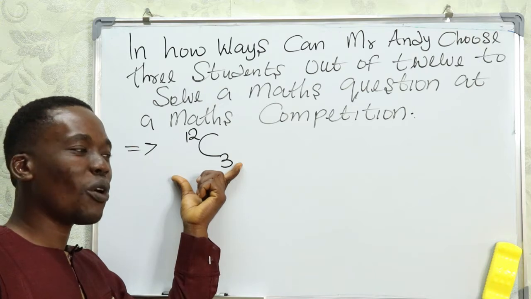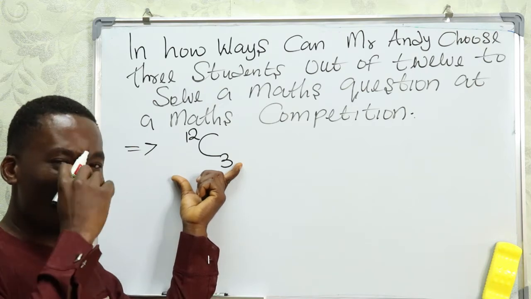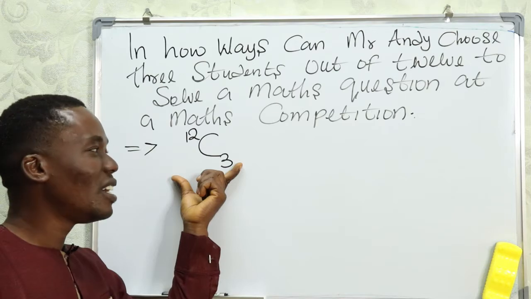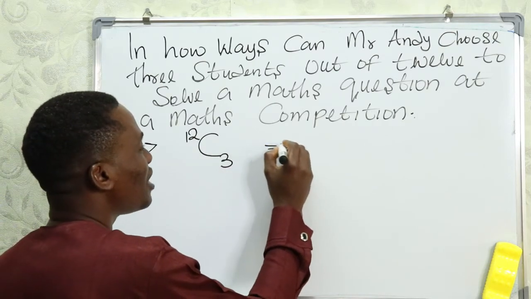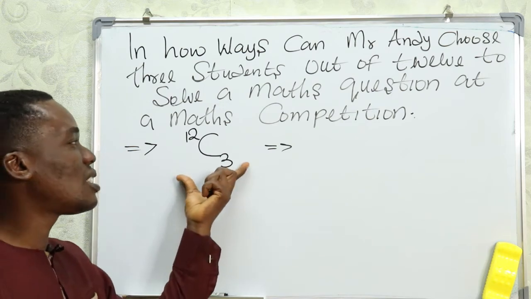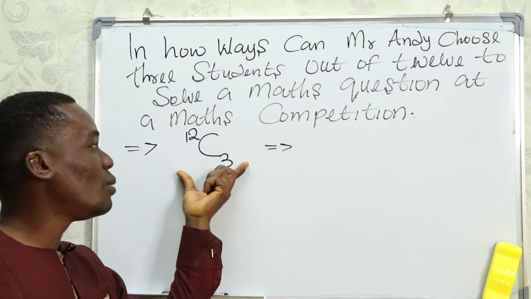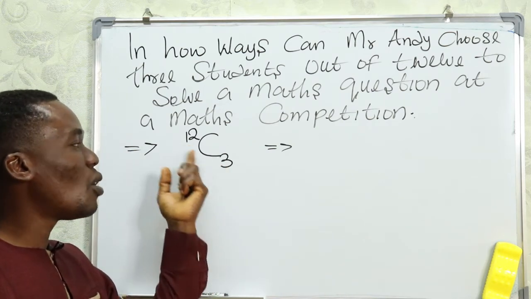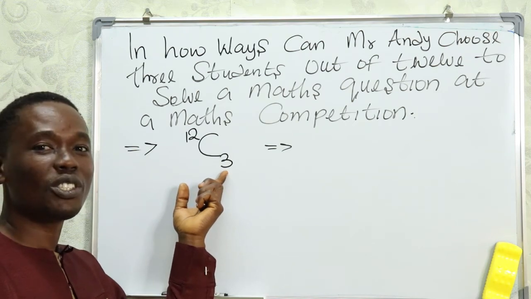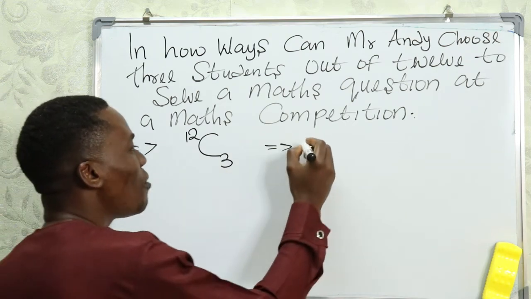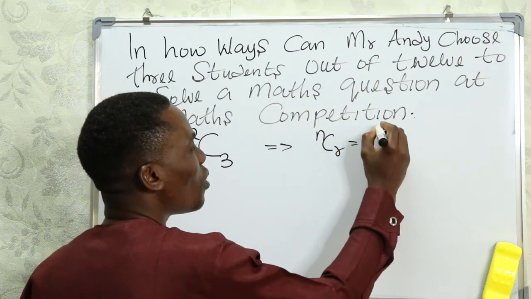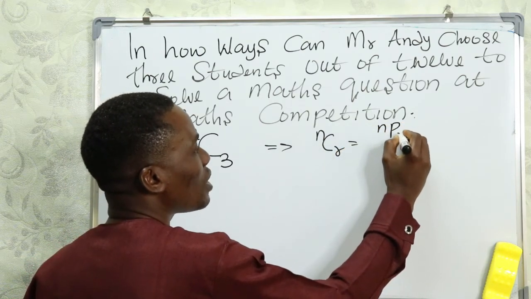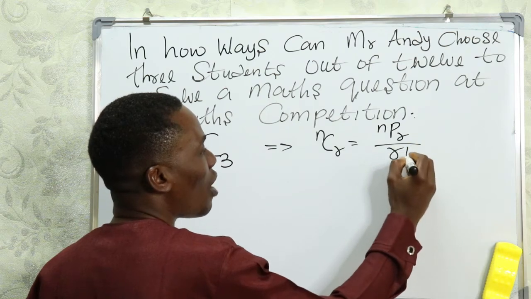And I want you to recall the formula we will always be using in solving questions on combination. The number of ways in which we can do this selection is 12 combination 3. Now we will have n combination r equal to n permutation r all over r factorial.